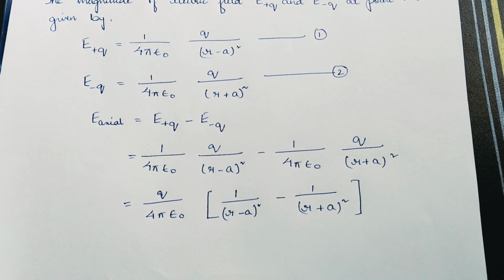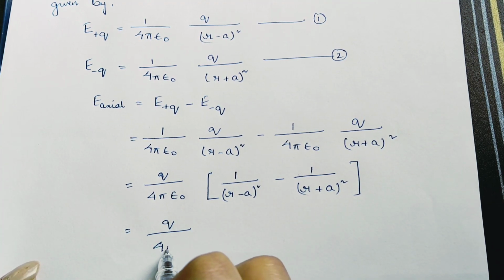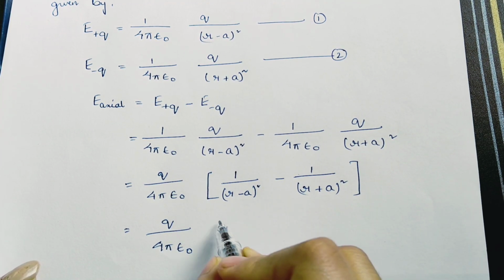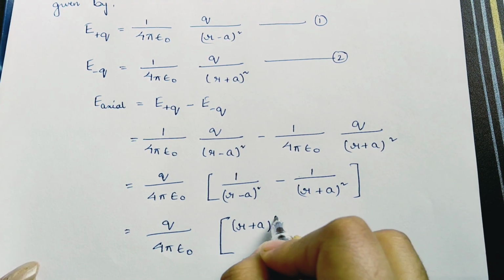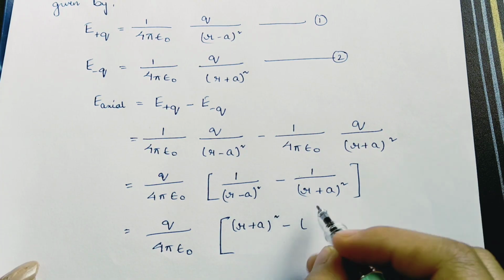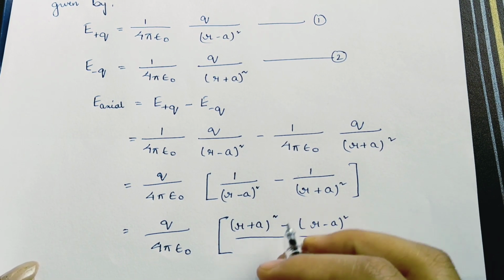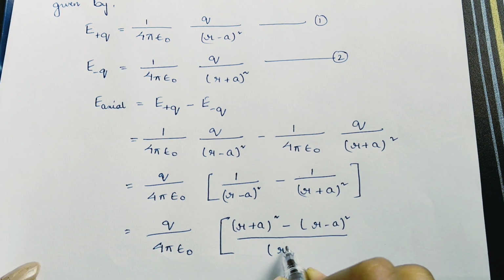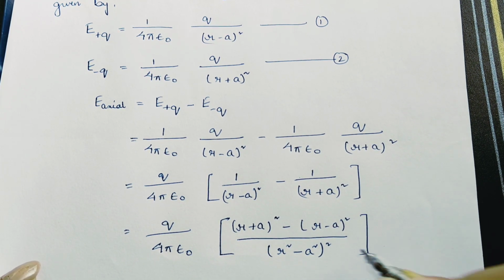When we rearrange this, we get q by 4 pi epsilon naught times [(r plus a) squared minus (r minus a) squared], and the denominator would be (r squared minus a squared) squared.